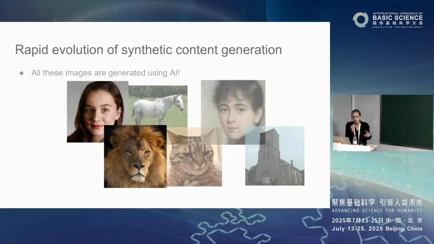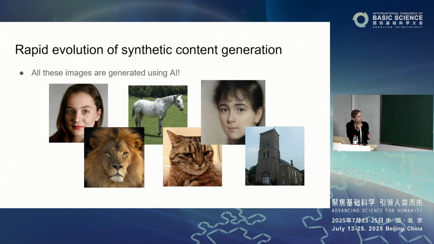Okay, so there has been a really rapid evolution of synthetic content generation. Here you can see all fake images. All these images were generated using AI, and in particular, they were generated using what are called generative adversarial networks.